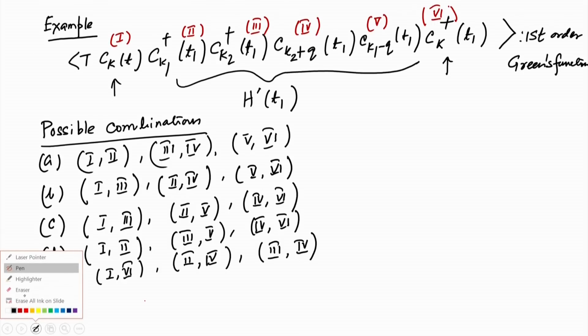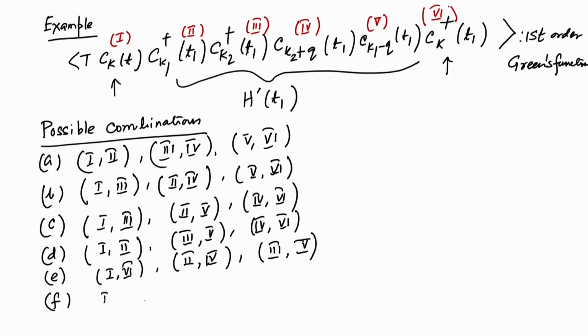So, this is the fifth combination, and there will be another one, which is 1, 6 and 2, 5 and 3, 4.